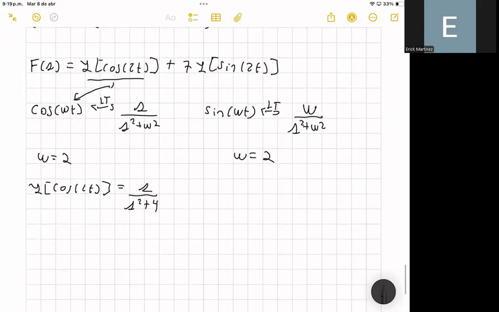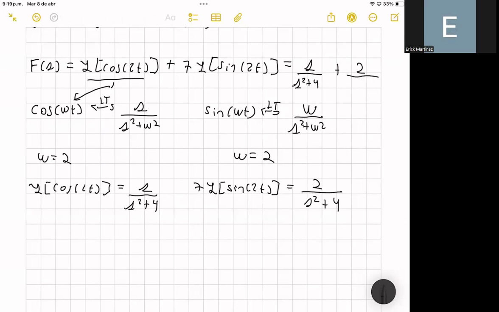So we can say that 7 times the Laplace transform of the sine of 2 times t is equal to 2 divided by s squared plus 4. And this is equal to s divided by s squared plus 4 plus 2 divided by s squared plus 4.